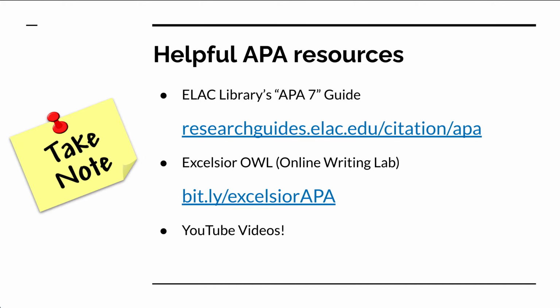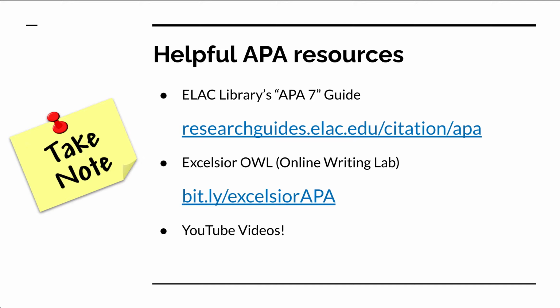Now, don't feel scared. You generally don't have to remember or memorize all of your APA rules. It's most important that you know where to go to get help and where to go to find the directions on how to format your citations and your research paper. ELAC Library has an APA 7 guide that you can access at researchguides.elac.edu/citation/APA.